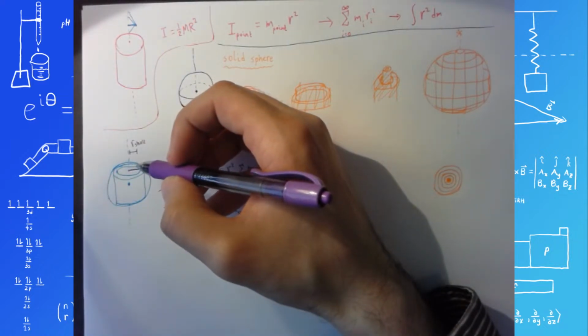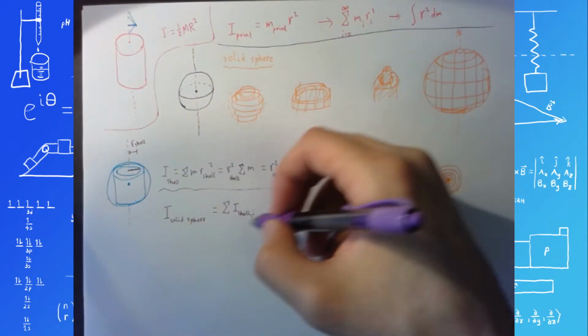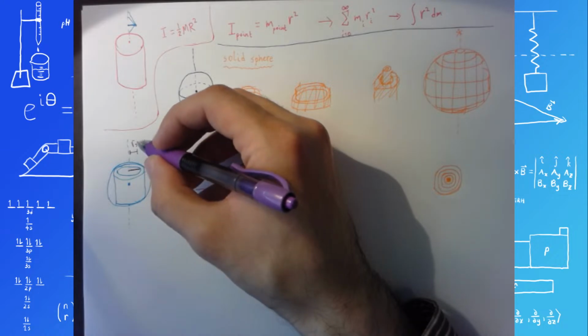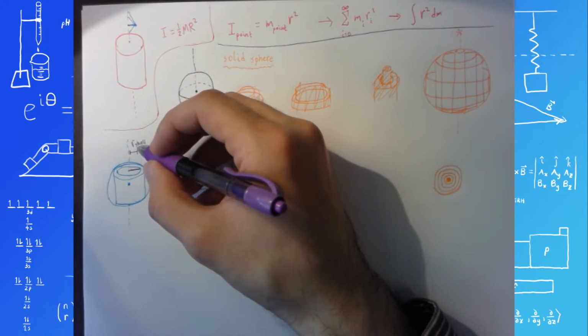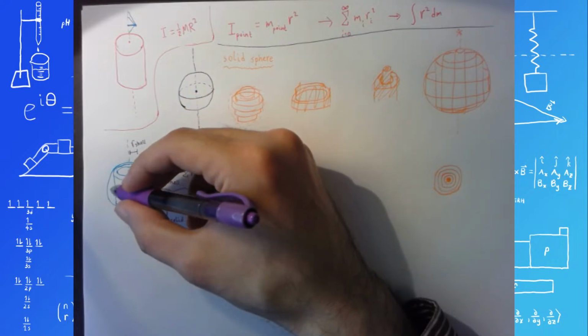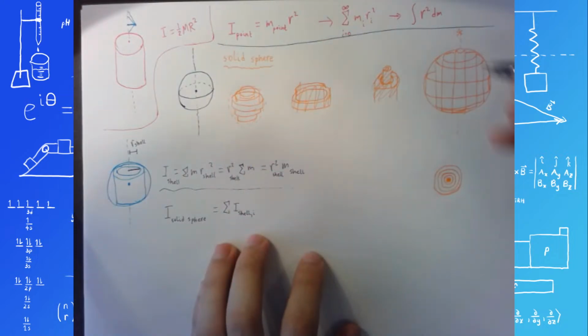So I want to come up with a formula where for some random shell within this series of shells, I can just define the radius of that shell and its mass, because each shell is going to have a different radius and probably a different mass, because it's most likely going to have a different volume.